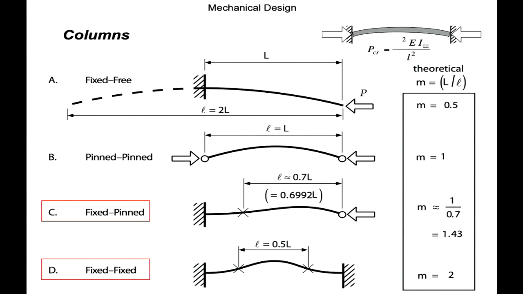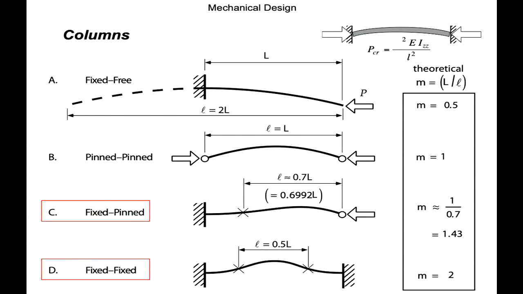Pin joint, just the standard, fixed-pinned, we get a different kind of effect. Second from the bottom, fixed, different kind of effect again. Now you have a little ruler in front of you, you can just play with those ideas, and it helps with the intuition as to whether you are assuming the correct end fixation, thus whether you are choosing the correct theoretical value for m between actual and effective length, moving forward into the equations.